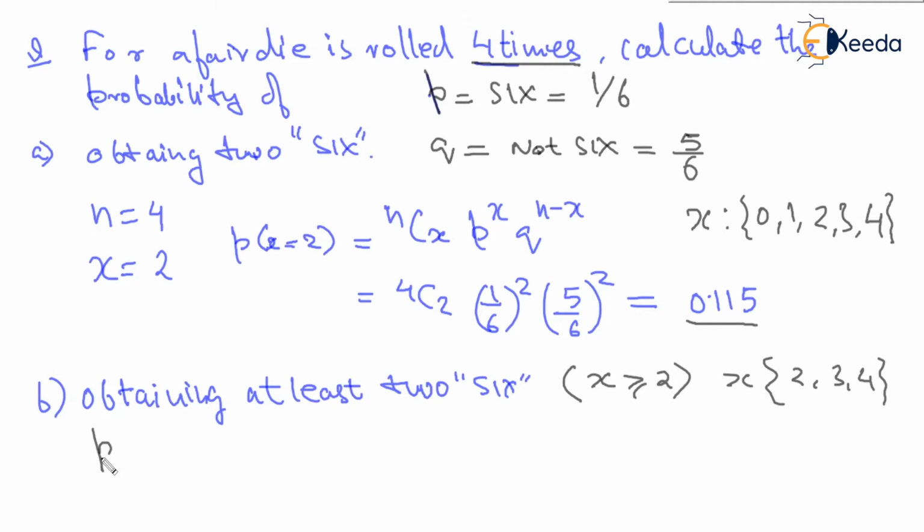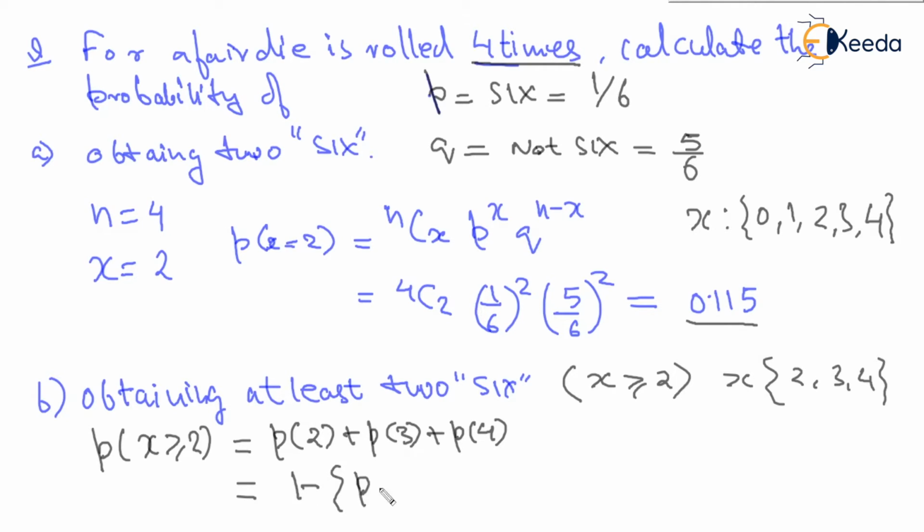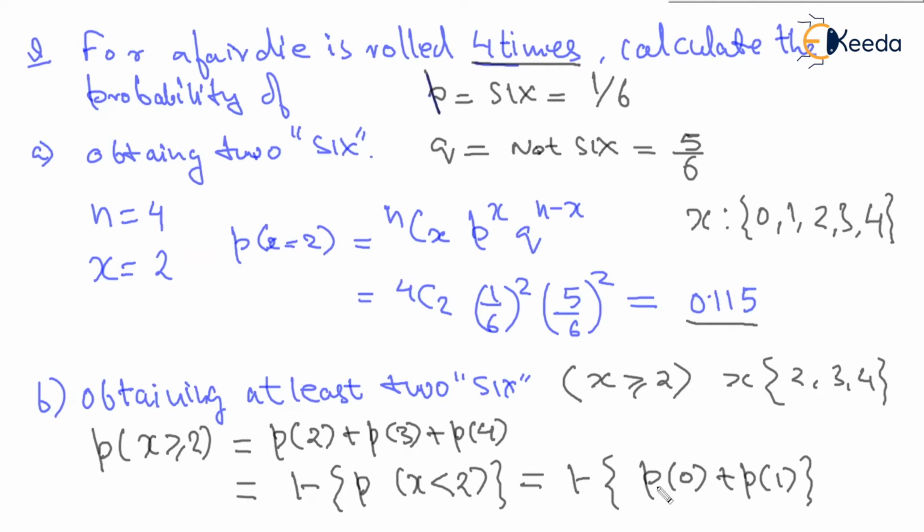Probability of x greater than or equal to 2 is probability of 2 plus probability of 3 plus probability of 4, and this can also be given as 1 minus probability of x less than 2, right? All the possible values less than 2, because 2 is not included here. This means it will be 1 minus the probability of 0 and probability of 1. So in this case we'll have to find only 2 terms, right? Probability of 0 and probability of 1.